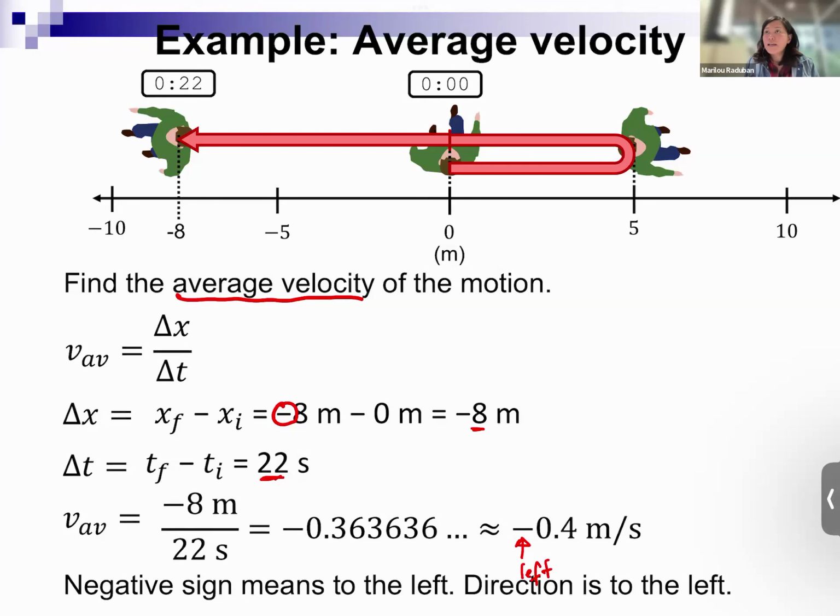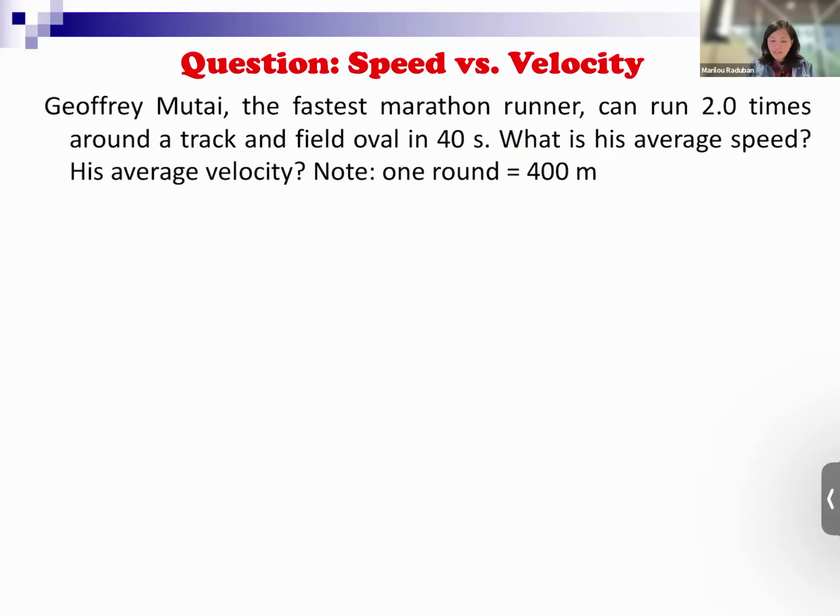Good. Right. Any questions about speed versus velocity, average? If there are no questions, let's look at this conceptual example. So Jeffrey Mutai, he's the fastest marathon runner. He can run 2 times around the track and field oval in 40 seconds. Okay?